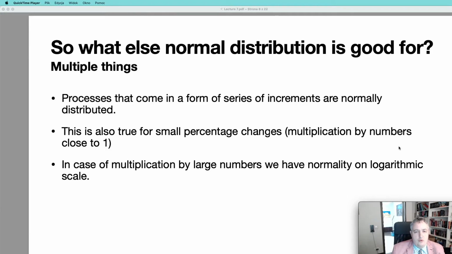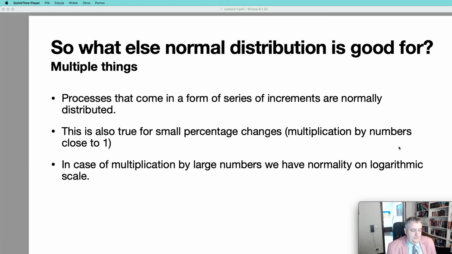This is also true for small percentage changes. If we multiply by numbers close to 1, this behavior is also normal-like, but this comes from linearization. And if you multiply by large numbers, we have normality on a logarithmic scale, because you get the log-normal distribution, which is exactly that: a normal distribution on a log scale.